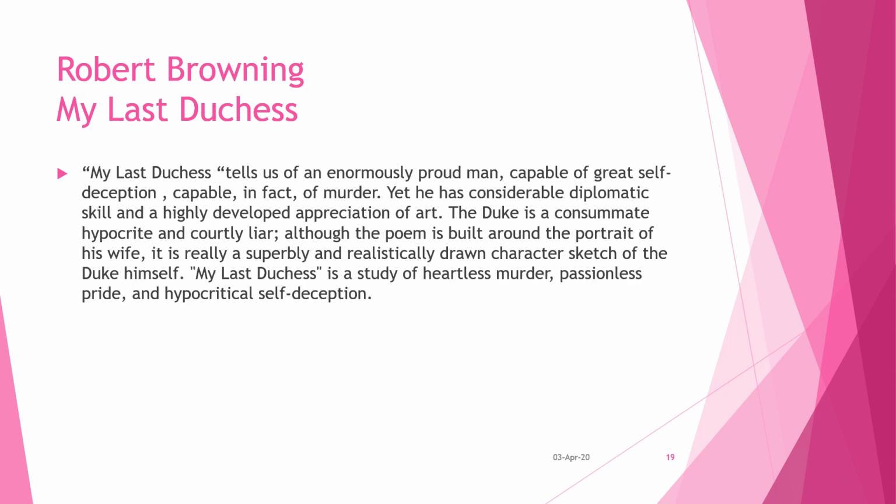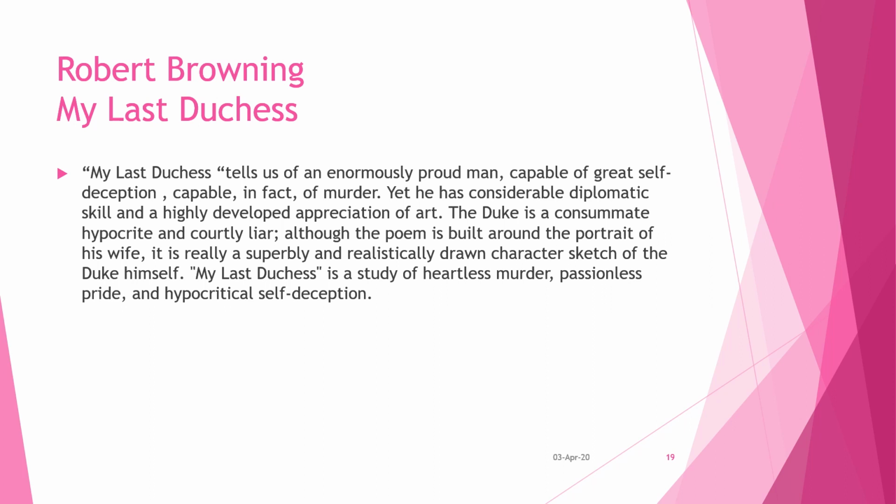My Last Duchess tells us of an enormously proud man, capable of great self-deception, capable in fact of murder. Yet he has considerable diplomatic skill and a highly developed appreciation of art. The Duke is a consummate hypocrite and courtly liar.